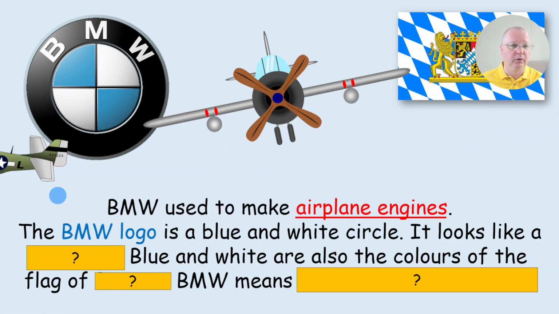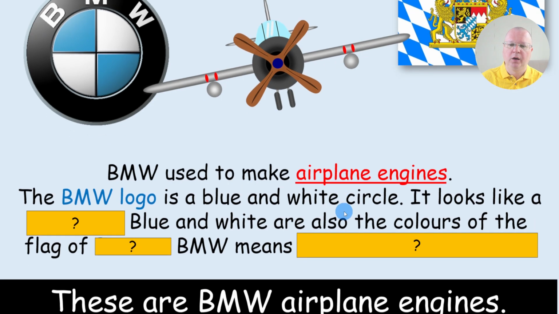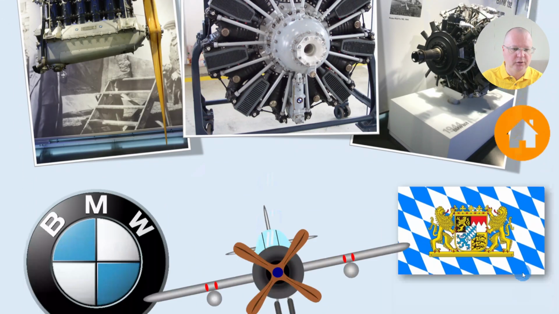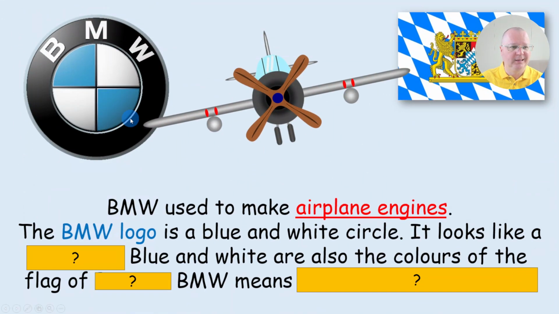the BMW logo has a very interesting history. You can tell your students that BMW did not make cars when they started as a company. They used to make airplane engines. Yeah, and if you click on this hyperlink, you're going to see some of the BMW airplane engines. And also, if they take a look at the BMW logo, it is a blue and white circle.